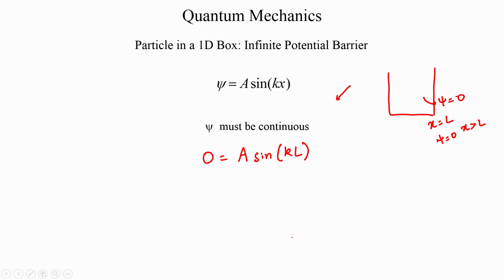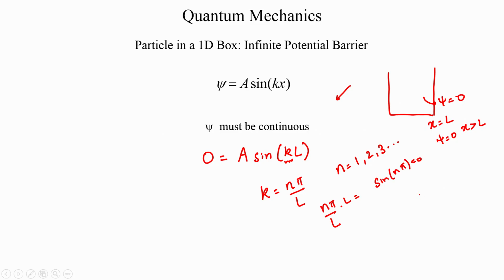Now, what are the possible solutions? We could have a equal to 0, but that would be a trivial solution, as it simply says that the wave function does not exist. So we will ignore that solution, because we also have the possibility of a solution where k is an integer times pi by L, where n could be positive integers 1, 2, 3 and so on. n pi by L into L is an integer times pi, and sine of an integer times pi is 0.